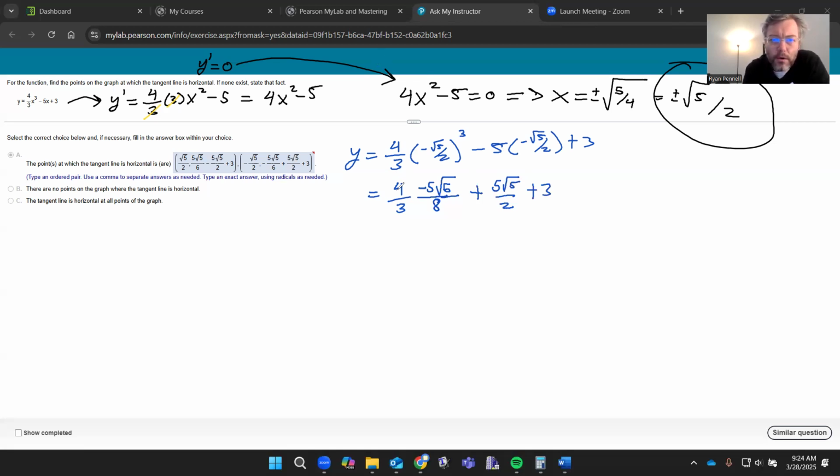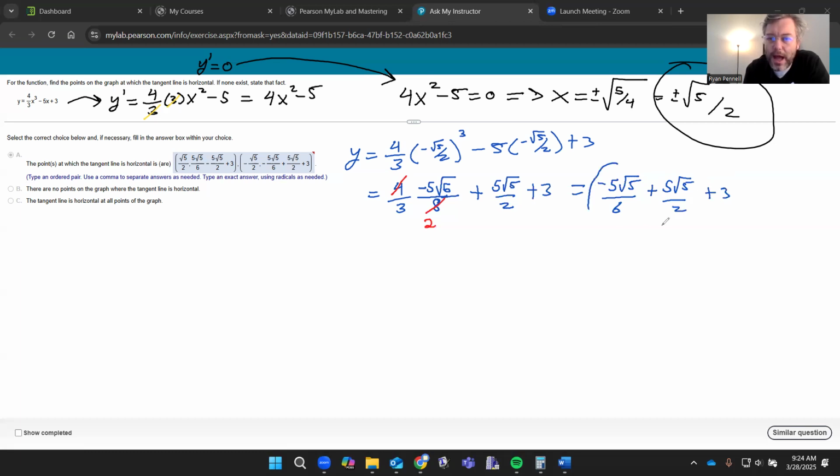I have 4 over 8. And the 8 gives me a 2. Negative 5 over 3 doesn't seem to reduce. So I'm going to write this so I have some room for the second part. I think this would be negative 5 root 5, 3 times 2 is 6, plus 5 root 5 halves plus 3.